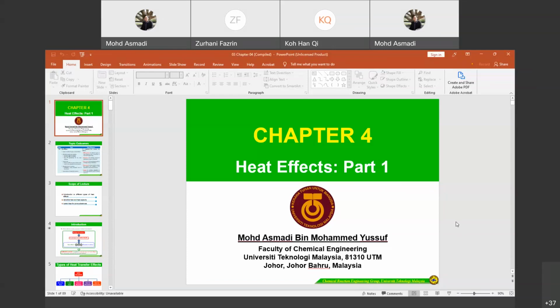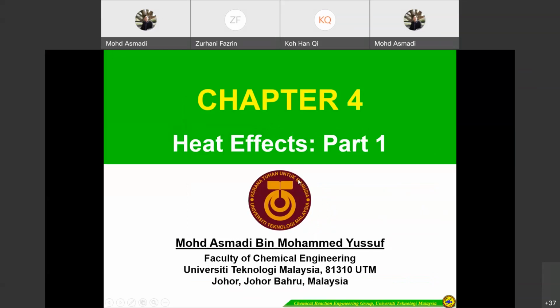So for this chapter, what we are going to focus on is heat effects. For heat effects, we divide into single phase and two phase: sensible heat and latent heat.